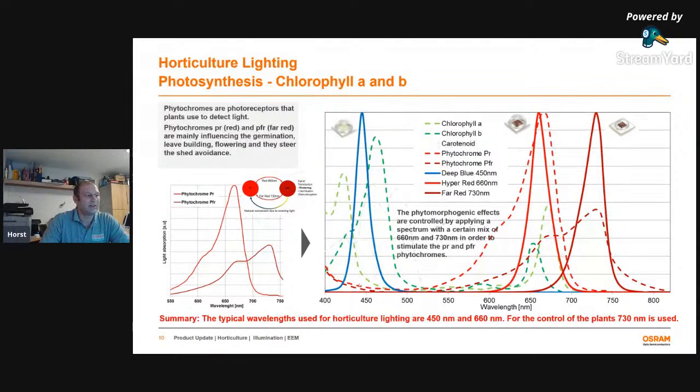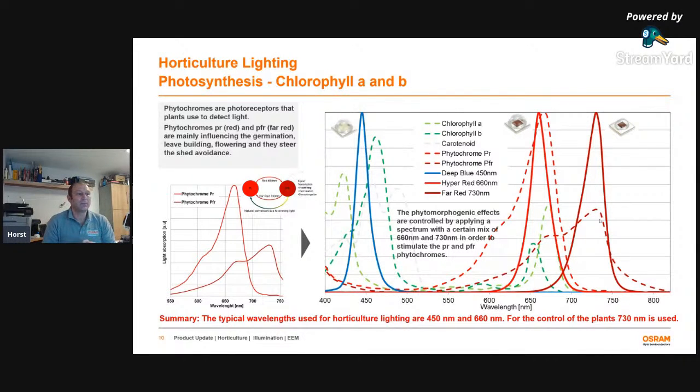As you can see here, we have our deep blue spectrum at around 450, 455 nanometers, which fits very well on the left side. Then for photosynthesis on the red side, we have the hyper red LEDs at 660 nanometers. And then we also have a portion of far red at 730 nanometers, which I'll explain immediately why is so important.